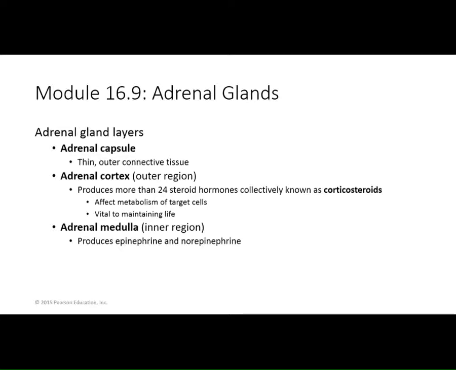Corticosteroids. You hear about them all the time, right? People take corticosteroids for different reasons. These hormones collectively are going to have huge effects, and they're vital to life. These are critical. We're going to be talking about a few of these hormones, and you're going to start to see, oh, these all have some very important functions.